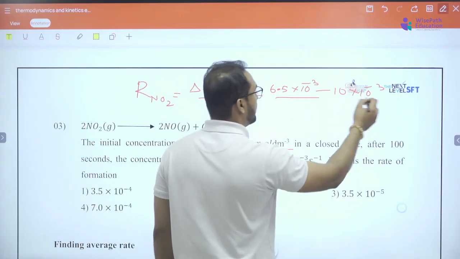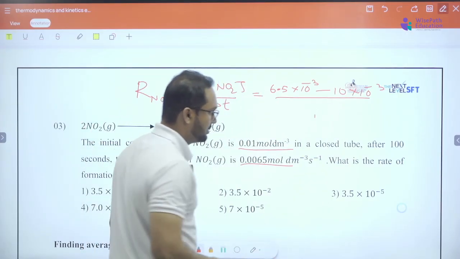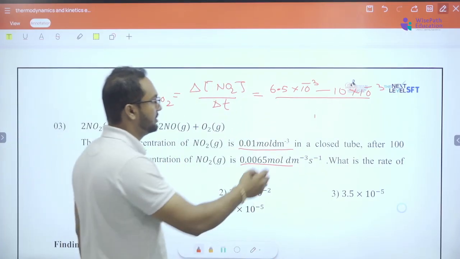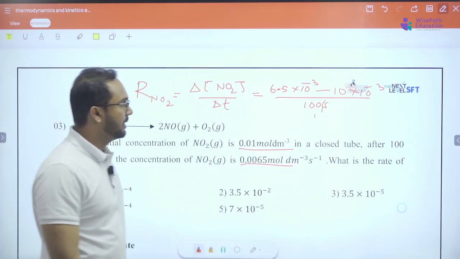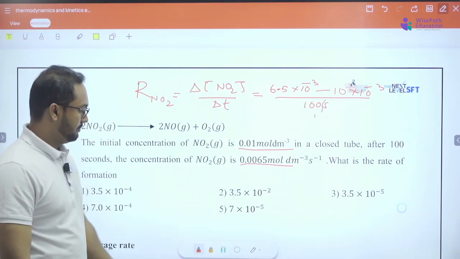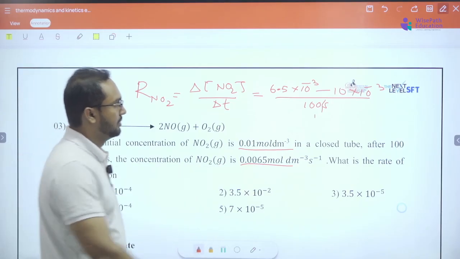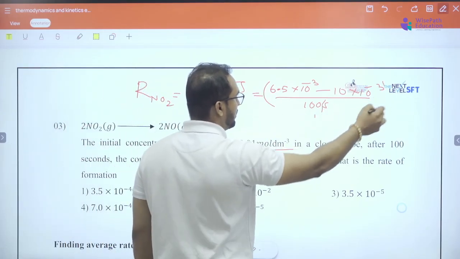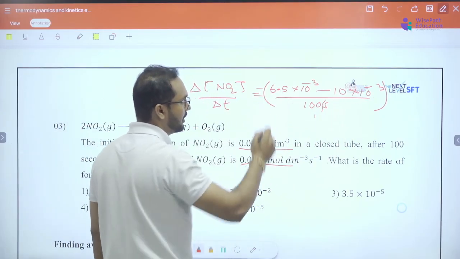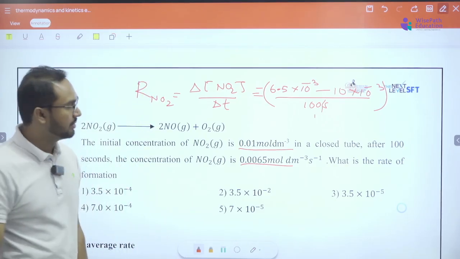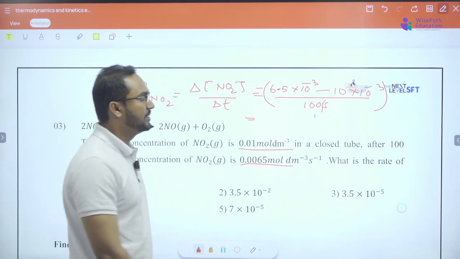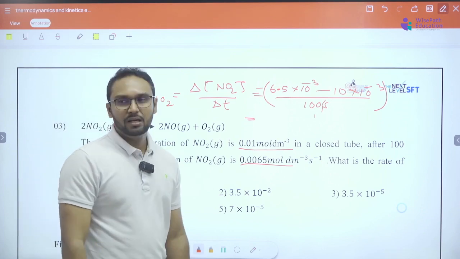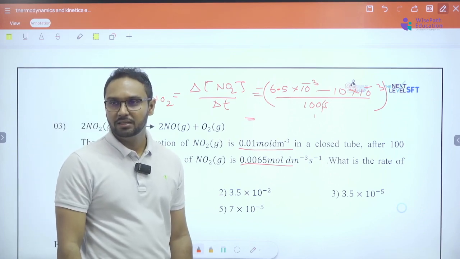Divide by the time. How much is the time? After 100 seconds. Time is 100 seconds, right? And since this is a rate of consumption, you're supposed to put a minus value in the front. So 6.5 minus 10 is how much? 3.5.